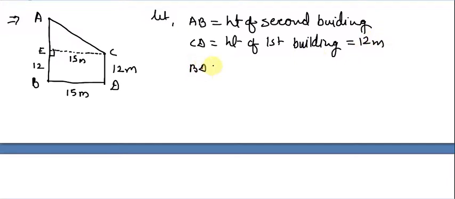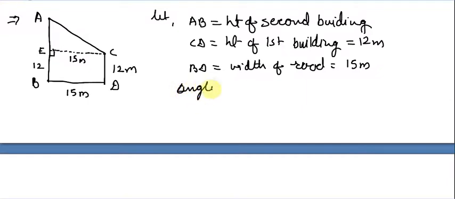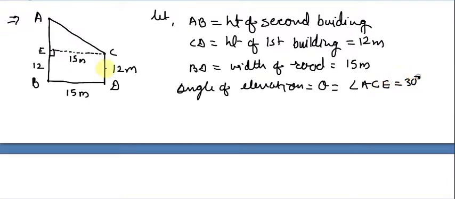BD is equal to the width of the road equal to 15 meters. Angle of elevation equal to theta equal to angle ACE equal to 30 degree. This is 30 degree.